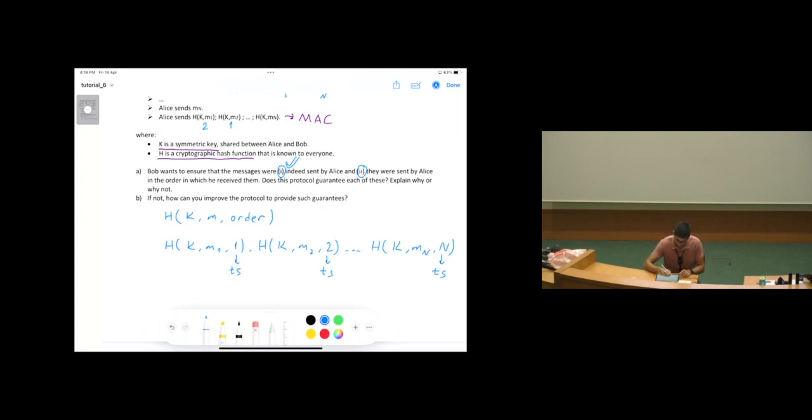And Trudy, not knowing this K value, cannot create this message authentication code because of the pre-image resistance of the hash function.